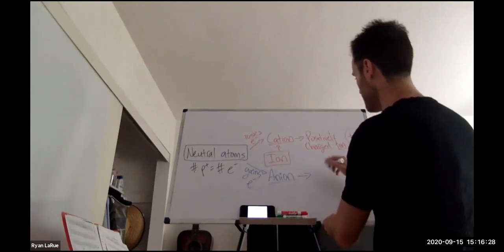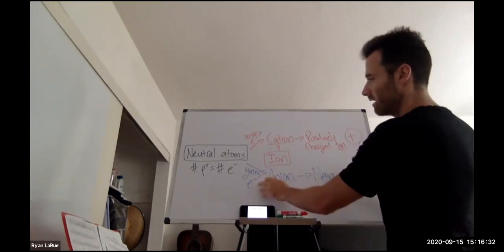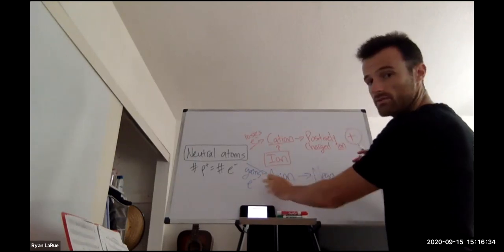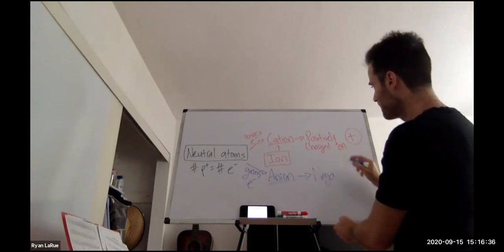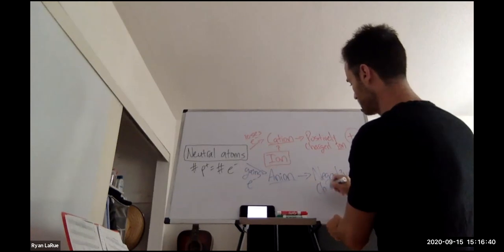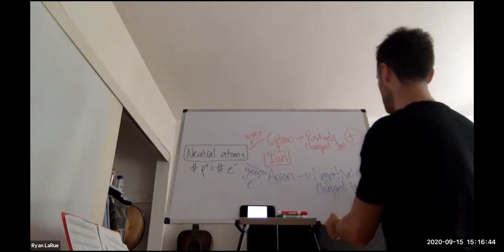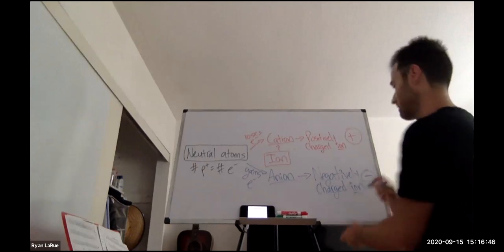So an anion is a negatively charged ion. We have added more electrons, which are negatively charged. So this is a minus.